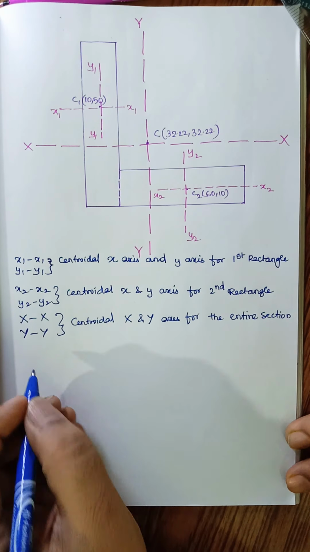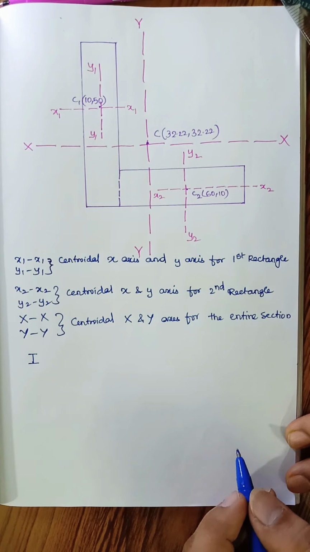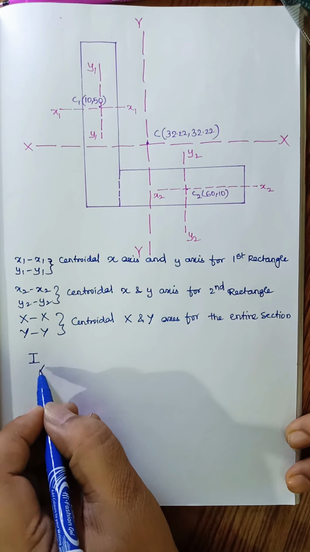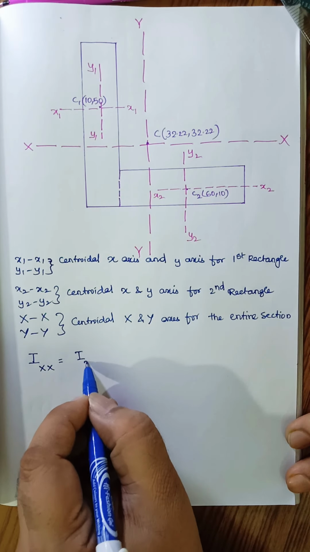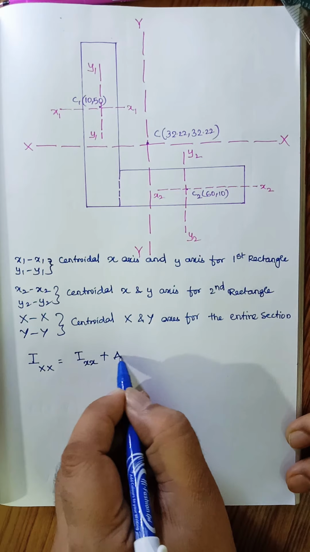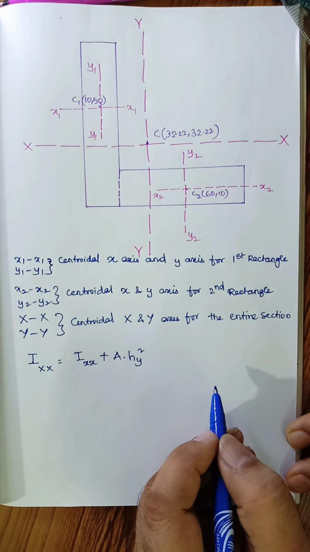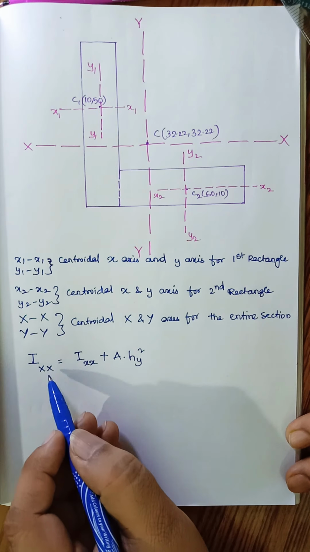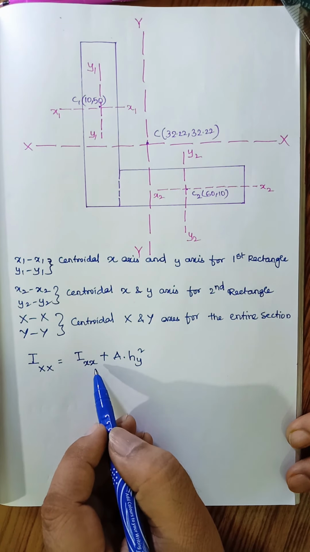Now, from the parallel axis theorem, we have the formula to calculate the moment of inertia with respect to any of the axes. Moment of inertia with respect to centroidal x-axis, Ixx, is equal to moment of inertia with respect to centroidal x-axis plus area multiplied by square of distance between those two axes. Among these two axes, one of the axes should be centroidal x-axis for the entire section, and the other one should be the centroidal x-axis for the divided rectangle.